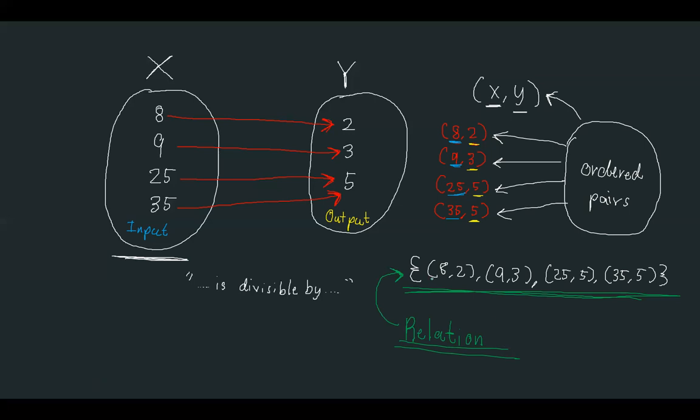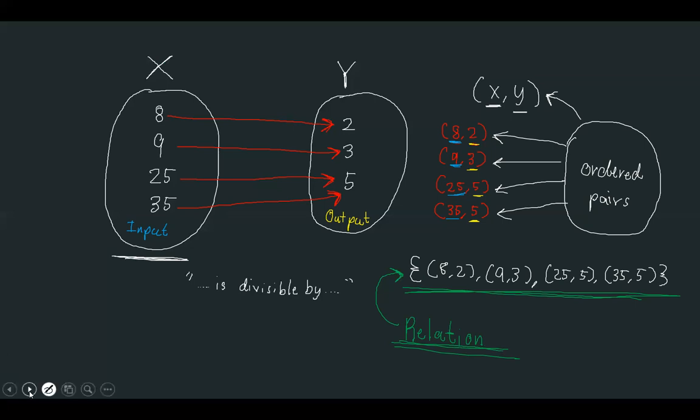So again, if we collected all of the given ordered pairs from a certain set, diagram or equation, and we have these ordered pairs collected, based on this example, that is what you call the relation.